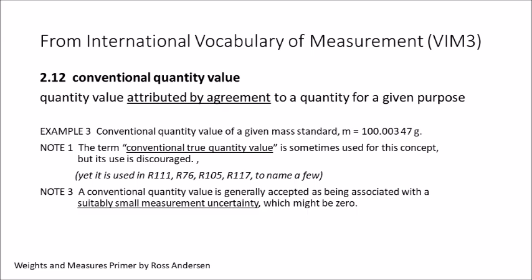The key thing about this note, Note 3, is that a conventional quantity value is accepted as being associated with a suitably small measurement uncertainty. It's interesting, it doesn't say how you got there, just we agree it has a suitably small measurement uncertainty.